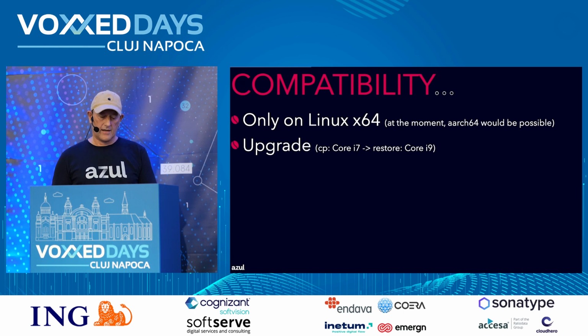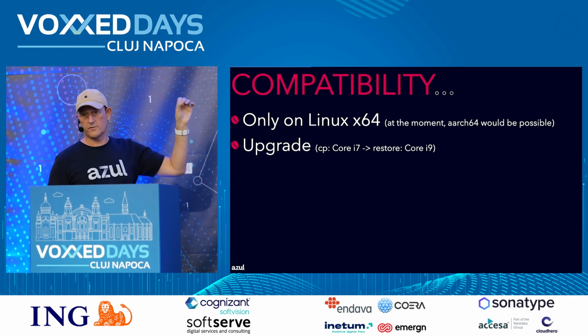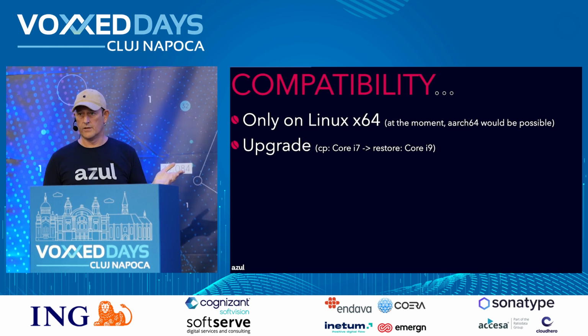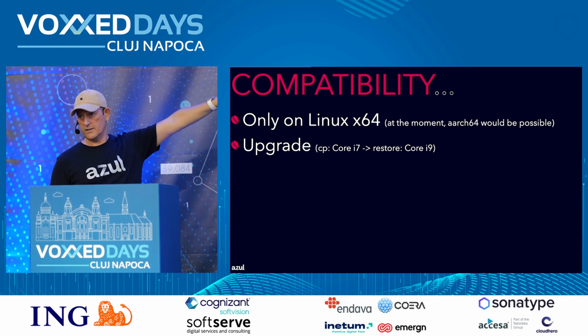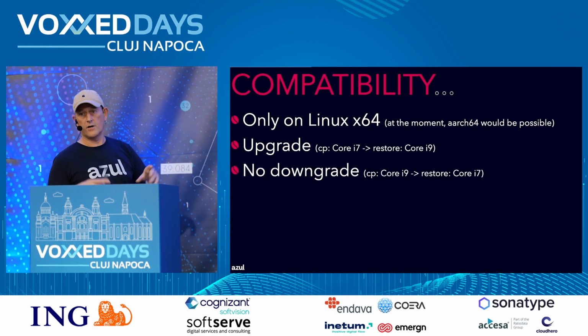And then upgrading: if you have created the checkpoint on a Core i7, for example, this will run on a Core i9. But downgrading, where you create the checkpoint on a Core i9 CPU, won't work on a Core i7, because the JVM will optimize code not only for the platform itself, but also for the CPU.